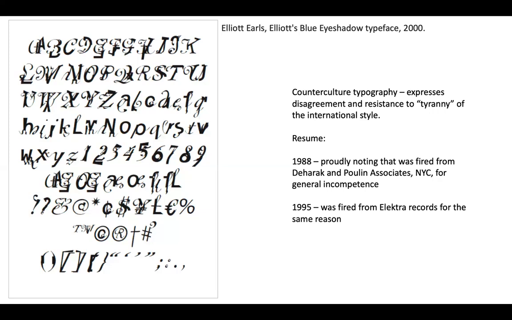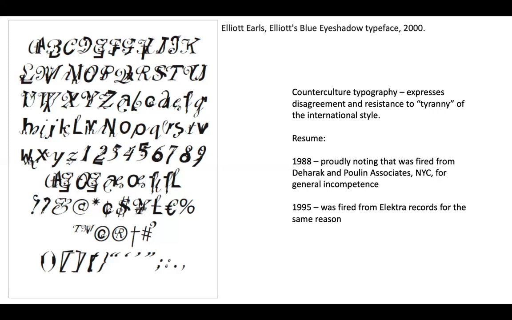Essentially, that's a declaration of his position, because Harak and Pauline Associates was a very international style-oriented company. The fact that he was fired from it indicated that he was against that, right? It seems like a strange move to put that in your resume if you're trying to get a job, but he's doing it precisely to demonstrate his ideological position, you could say.